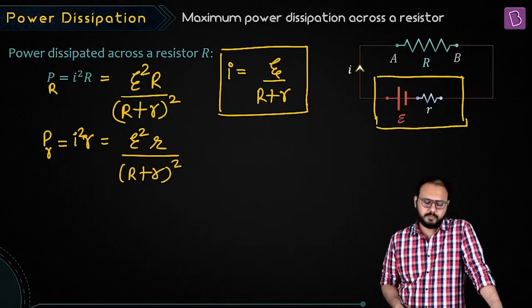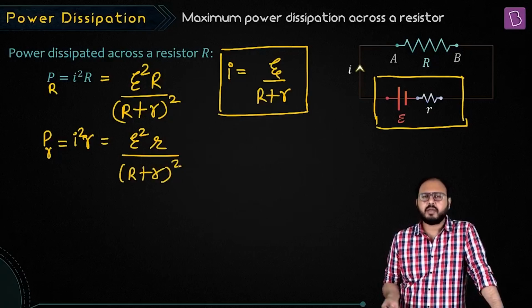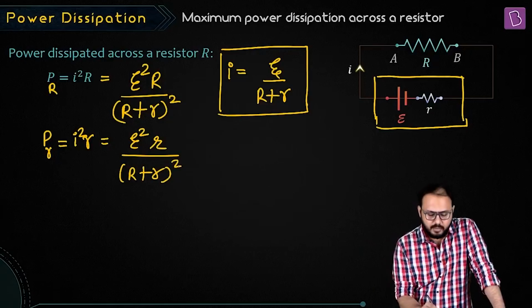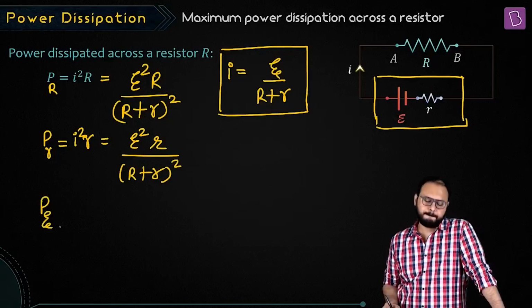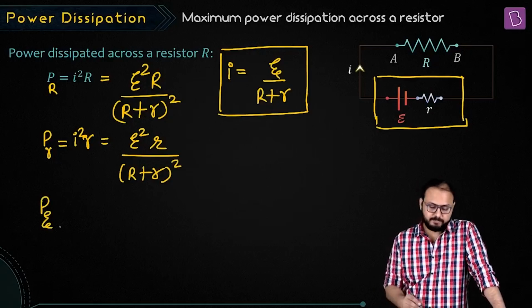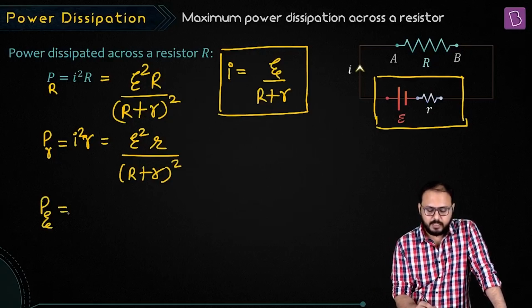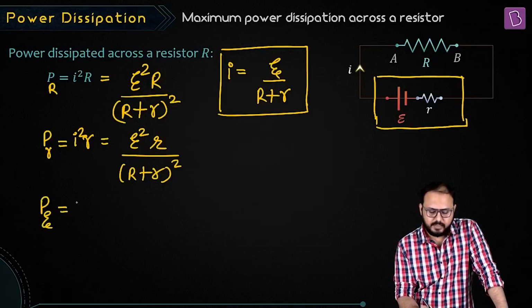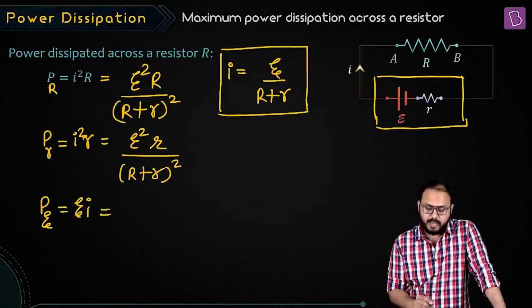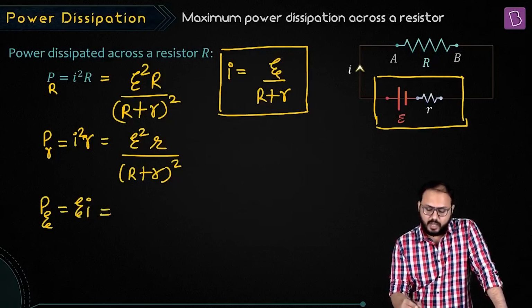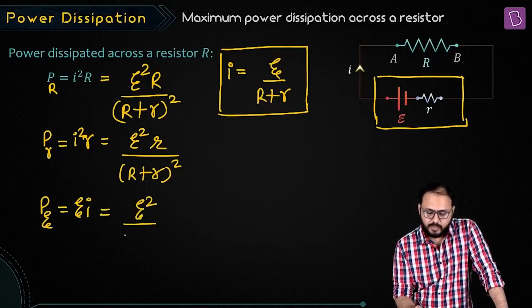What is the power across the battery? Across the battery is EI. E into I is E square upon R plus r. Check.